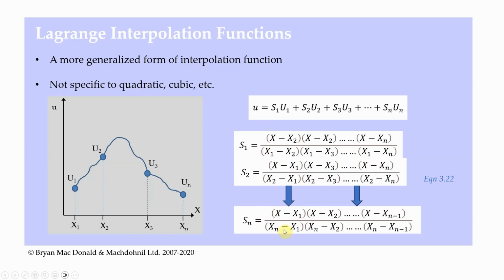So Sn is going to be x minus x1, and so on. Remember, x1 is the coordinate of point or node 1, x2 is the coordinate of point or node 2, and so on up to xn, given n number of points. Again, S1, S2, S3, Sn are polynomials of degree n.